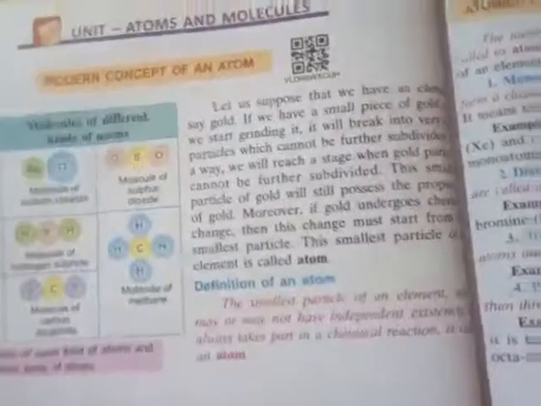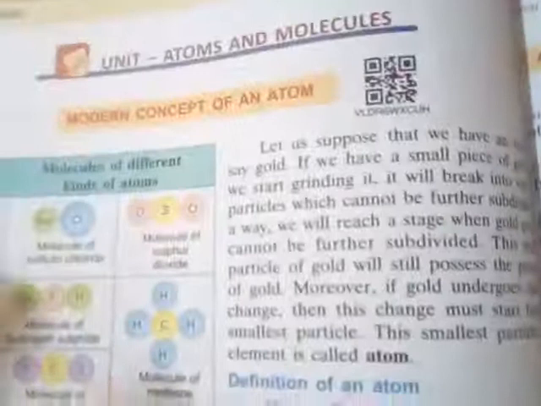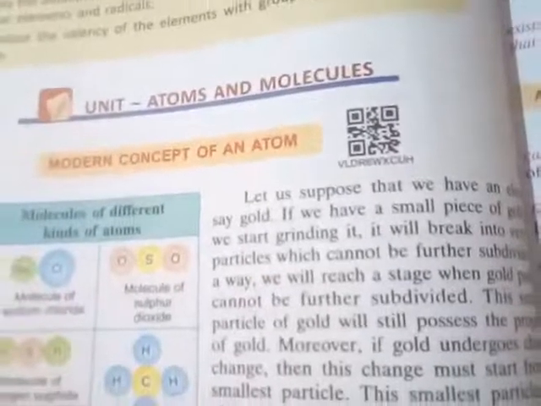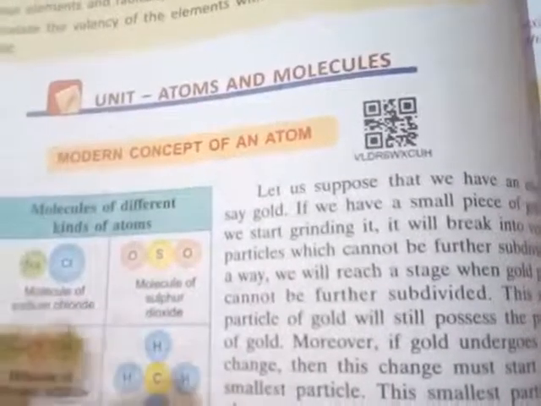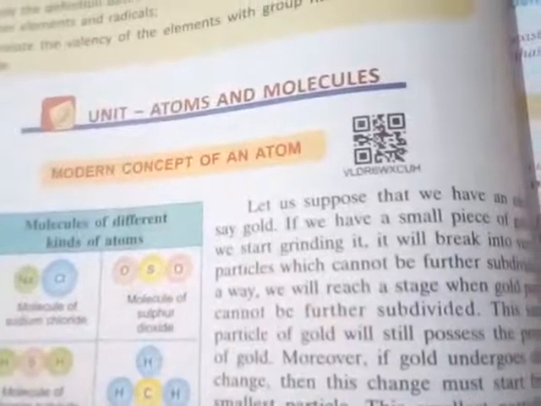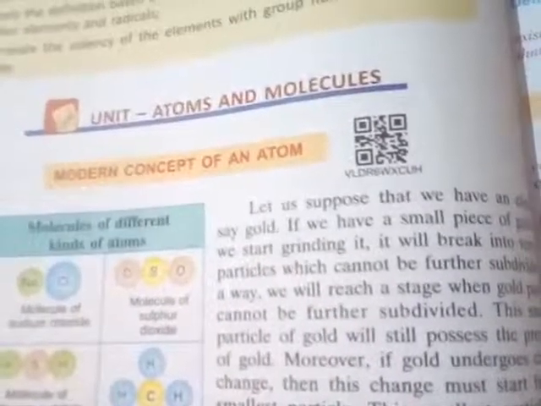From the previous knowledge, we know that an atom is the smallest particle of an element. It may or may not exist independently, but it always takes part in chemical reactions.